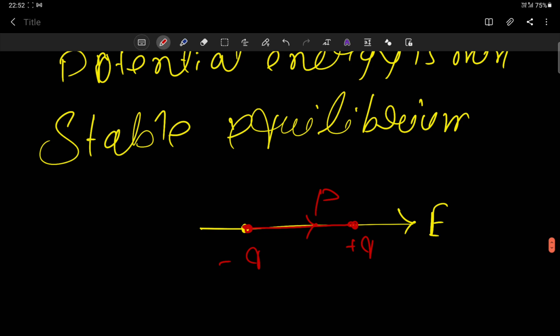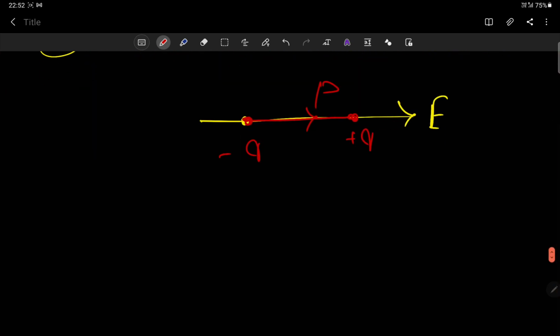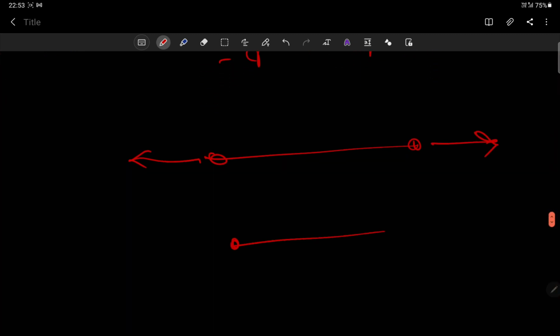Look here. Suppose you have a simple pen. If you are pulling this pen on both sides, the pen will be stable. In case 2, you are applying force from the opposite direction, pushing.